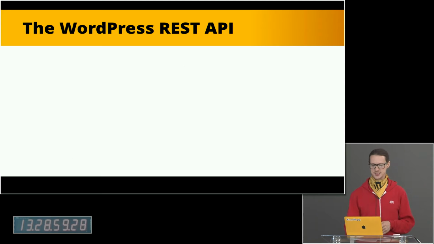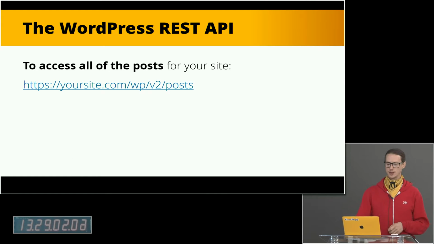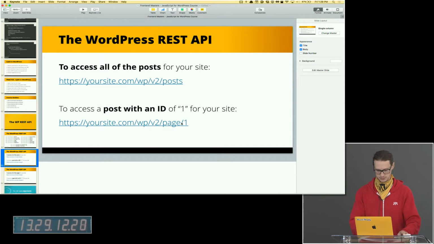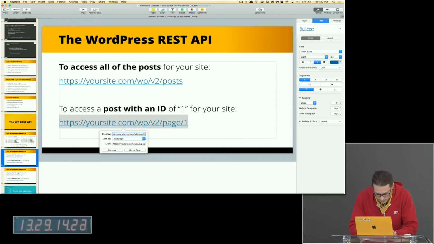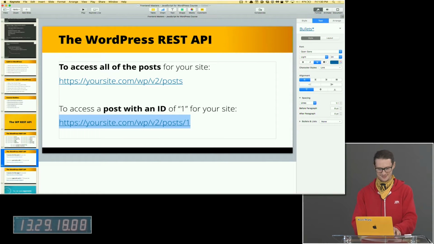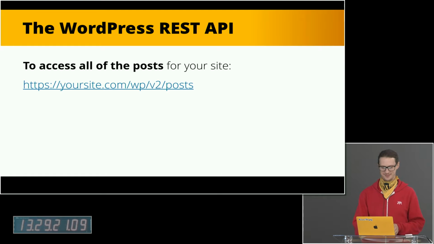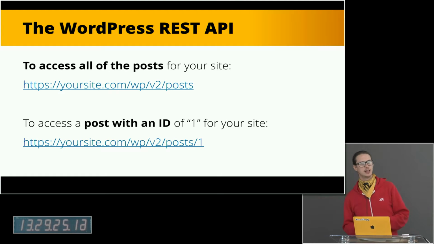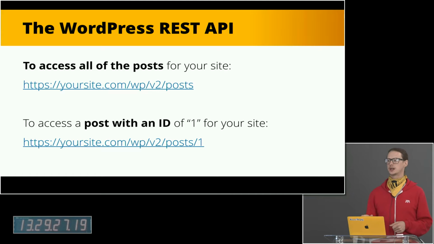The other thing about this is that whereas we go to this URL to get all of our posts, if we add the ID to the end of it, then we're going to get back a specific post.